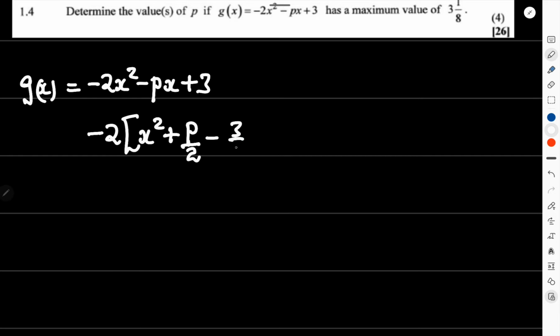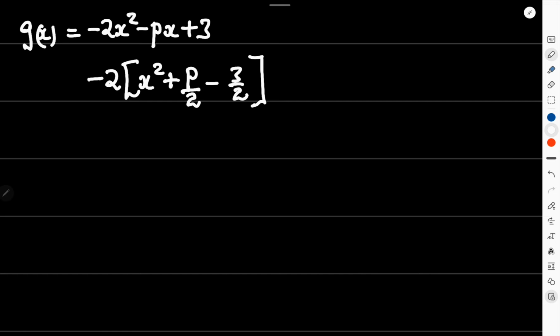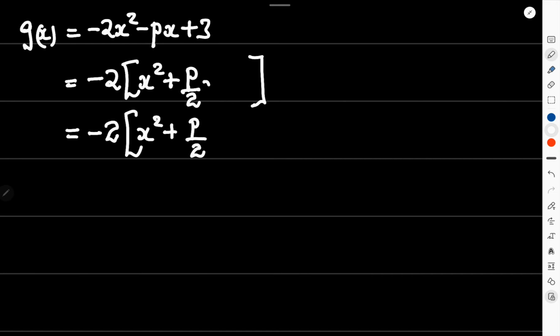So we have 3 over 2, and after that we have our negative 2 still, then x squared plus p over 2 x. I forgot my x here, let me place my x.